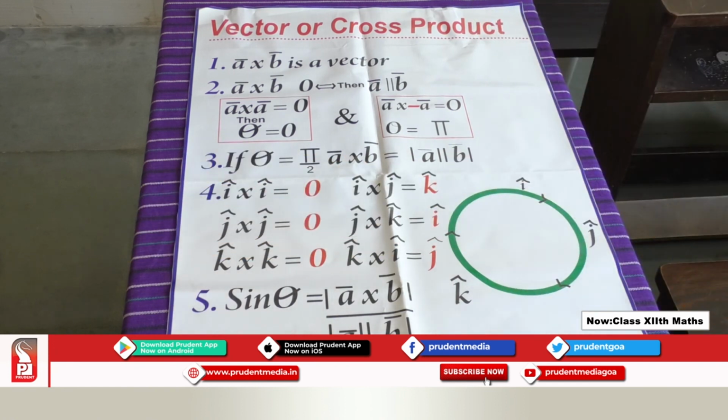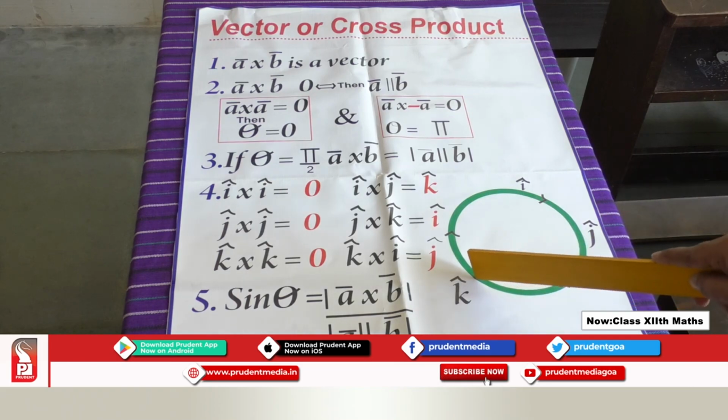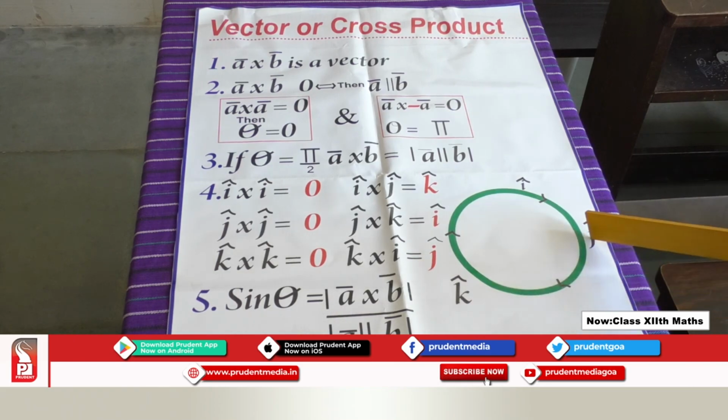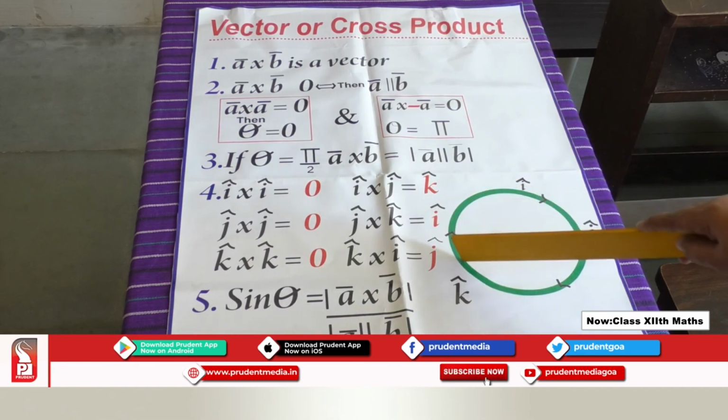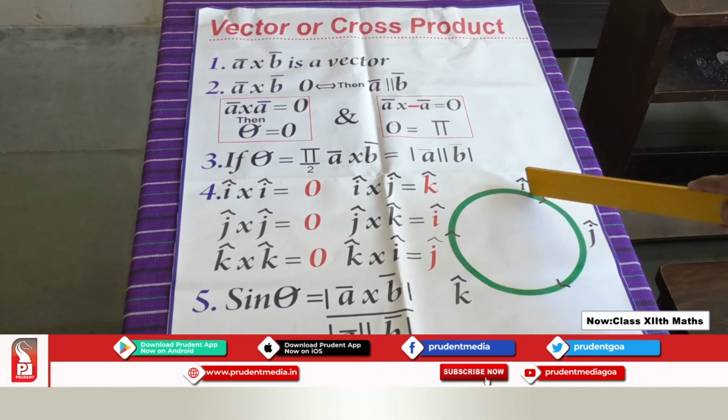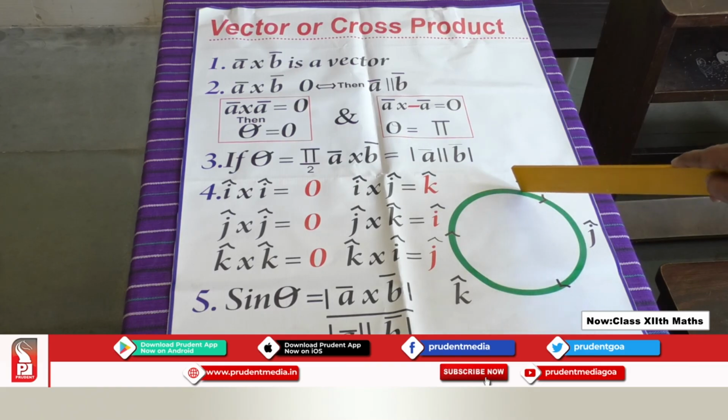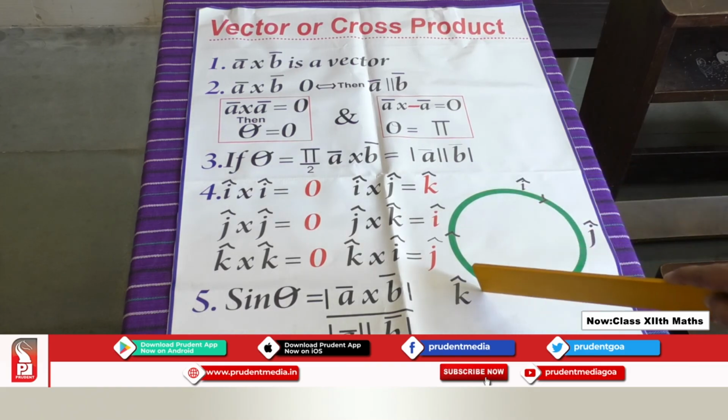There is a method to remember this. i cross j will be k, j cross k will be i and k cross i will be j. If you go in the reverse direction, k cross j will be minus i, j cross i will be minus k. So if you change the direction, you will get minus sign, but i cross j is k.